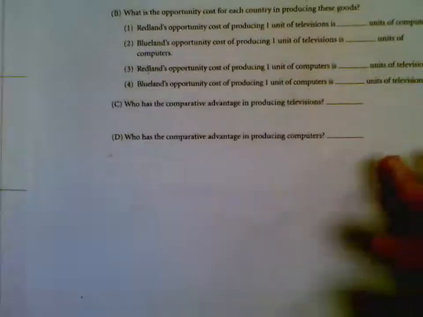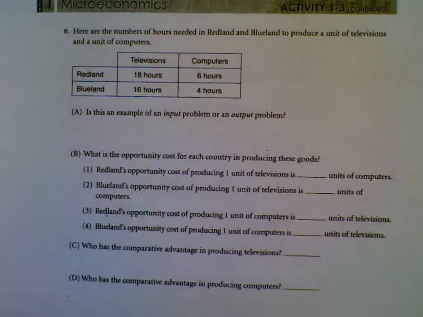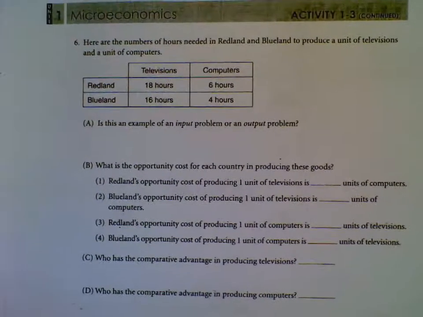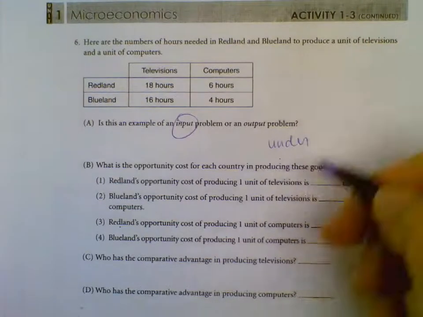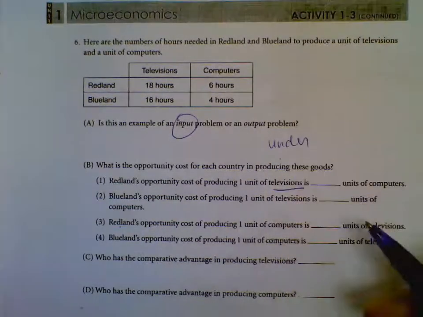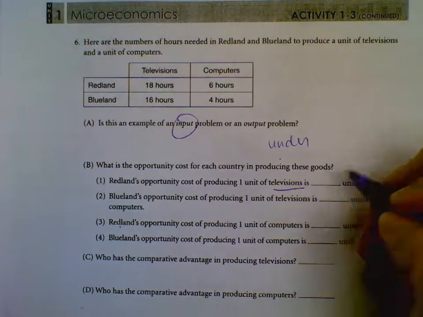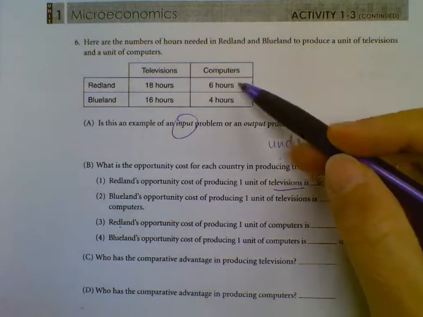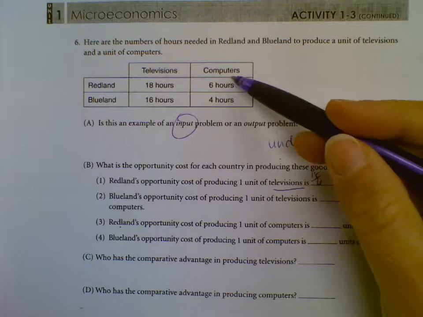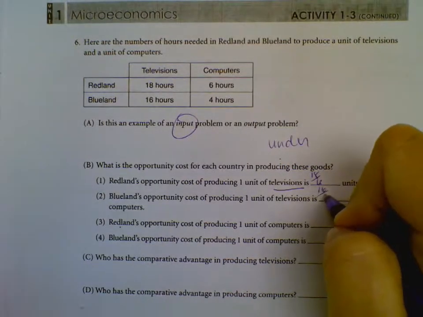And then the last one here, this is how many hours it takes to make one television and one computer. So this is an input question, so the other is going to go under. If we're looking at television, computers is the other, so it's going to go underneath. So what we're looking at here is 18 over 6. And then for Blue Land, the other is computer, so it's going under, so 16 over 4.